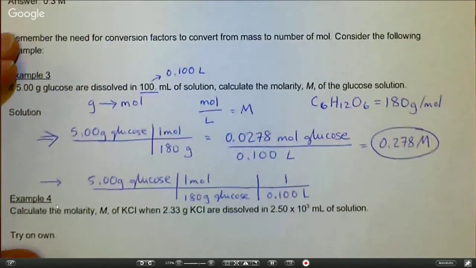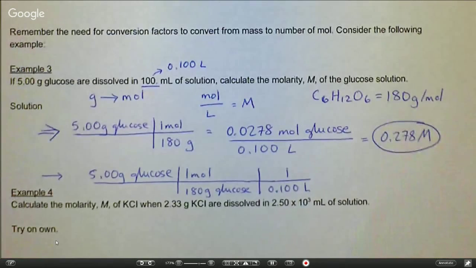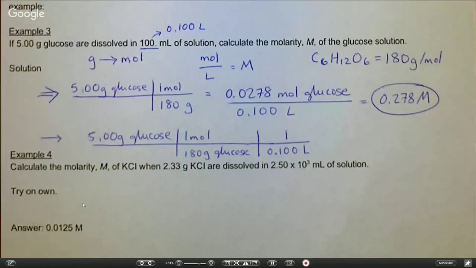Okay, so go ahead and try example 4 on your own. It says calculate the molarity of KCl when 2.33 grams of KCl are dissolved in 2.50 times 10 to the 3 milliliters of solution. So take a moment, pause the video, try it now. Okay, if you did this, the answer you should have gotten is 0.0125 molar.